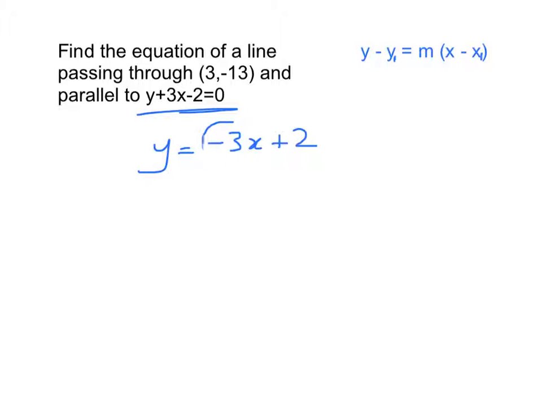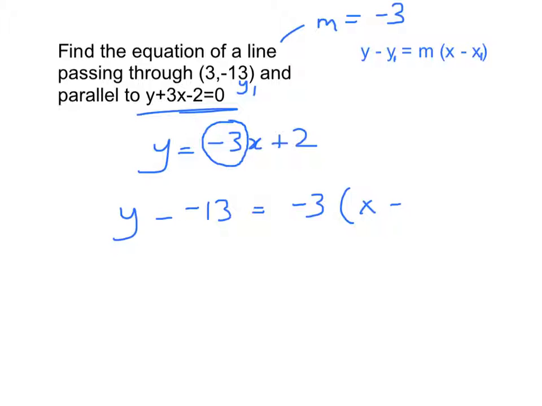So the parallel line has a gradient of -3, which means that this line must also have a gradient of -3 if it's parallel. So y minus, this is y1, -13 equals, my gradient's -3, x minus x1 is 3, y plus 13 equals, remember multiply this out, -3x plus 9.